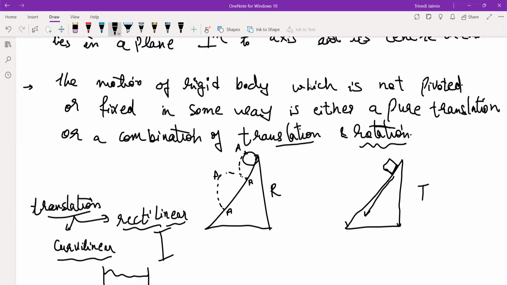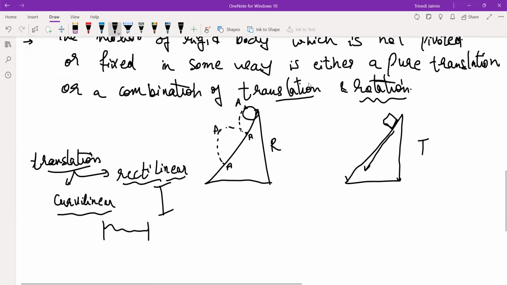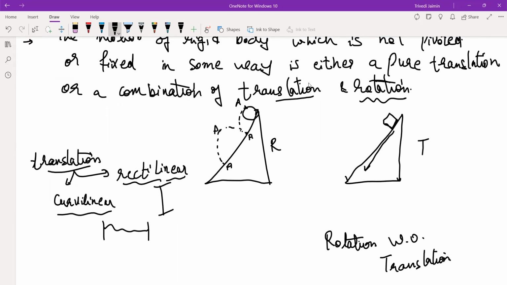Now, is it possible to have rotation without translation? Think and answer.